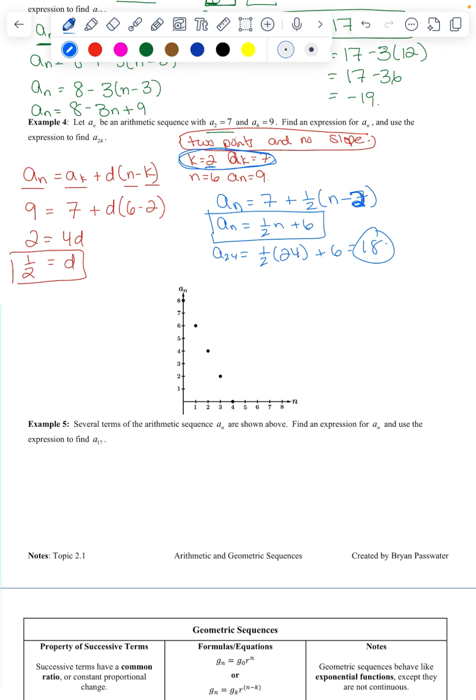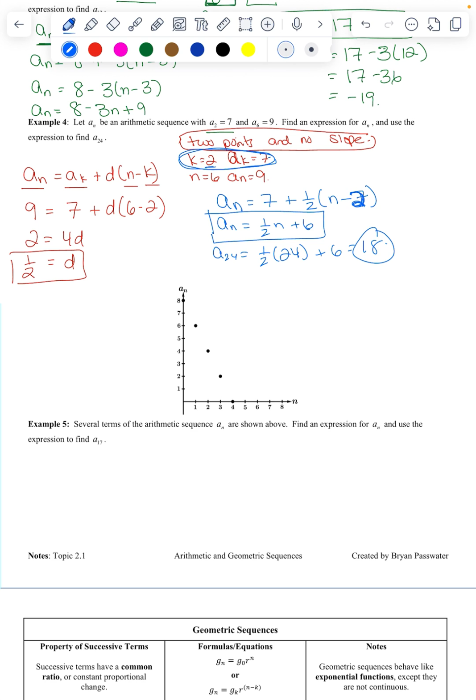So example 5, they're basically giving you the exact same information from example 3 and 4. They're giving you the point, but they're also giving you the common difference or the slope, right? So they're giving you either 2 points or the common difference and 1 point.